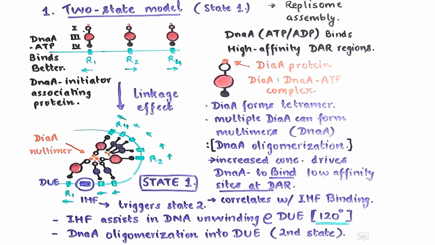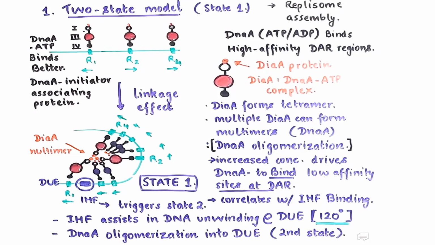This binding of DNA A complexes at the DAR also correlates with the binding of IHF at the IHF recruiting sequence 1. The transition to the next state depends on IHF, which assists in the DNA unwinding of the DUV region, which is just upstream of the R1 site.